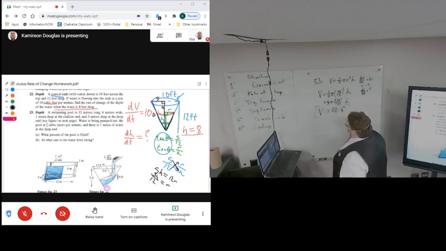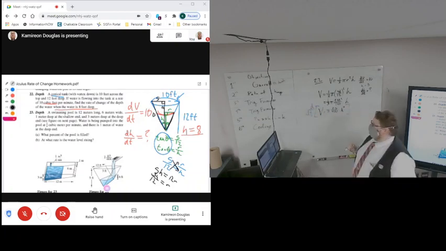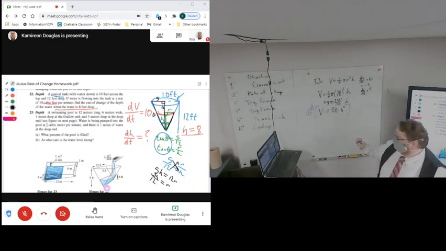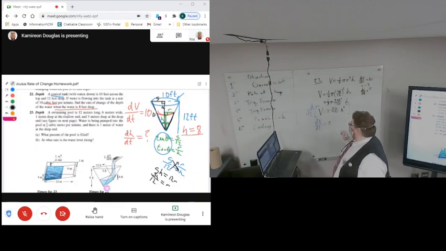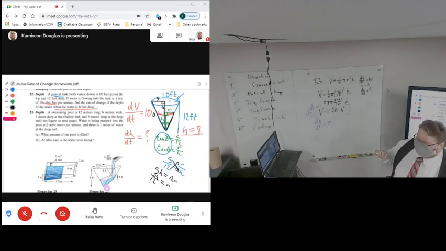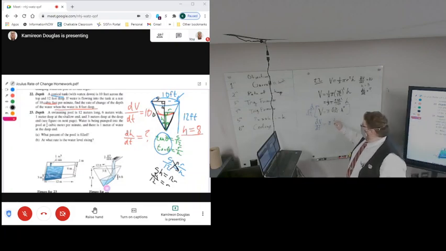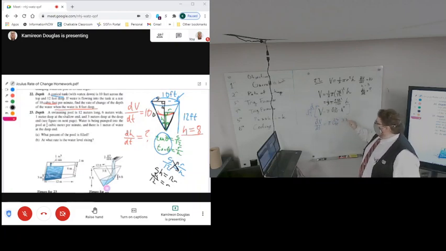We got the formula, d/dt. Left-hand side, dV/dt. What happens to the pi? Constant comes out. 25 over 432 times 3 H squared dH/dt.